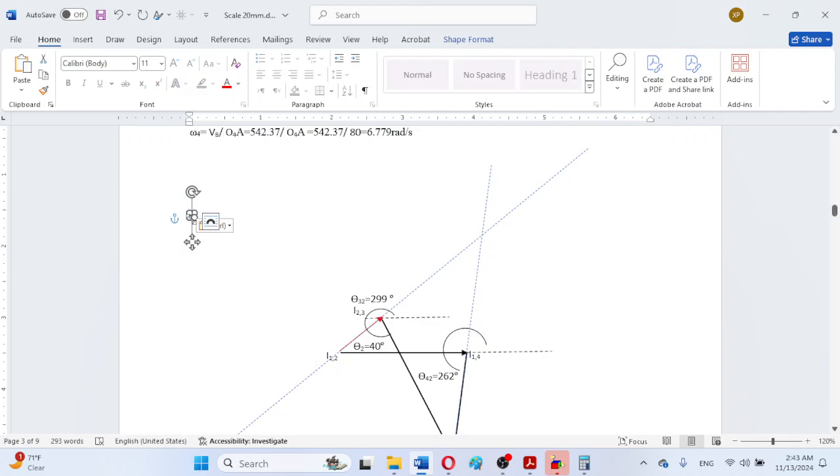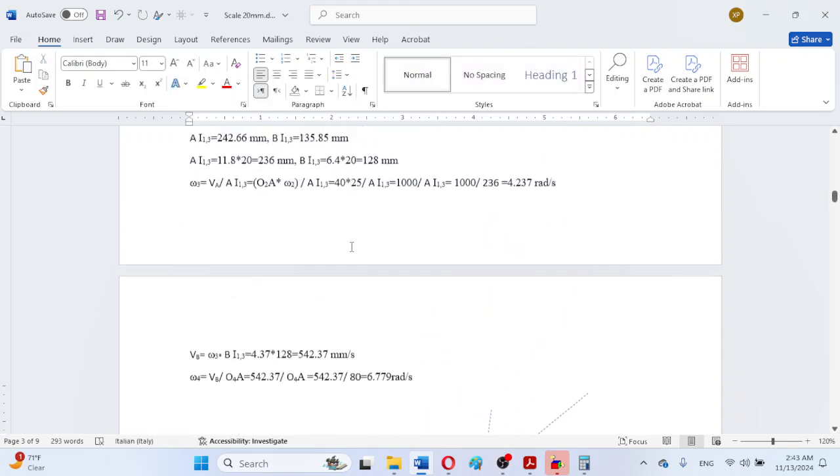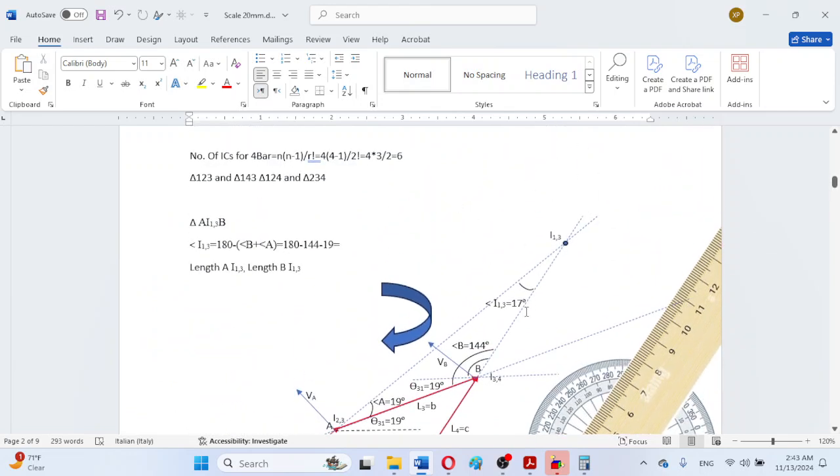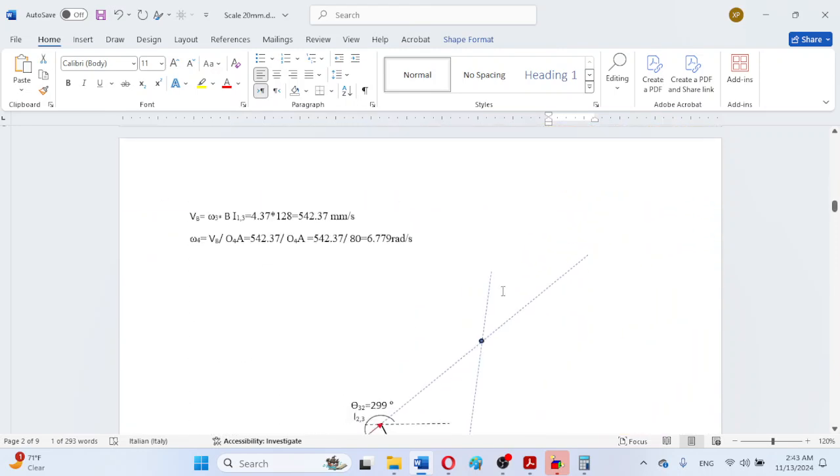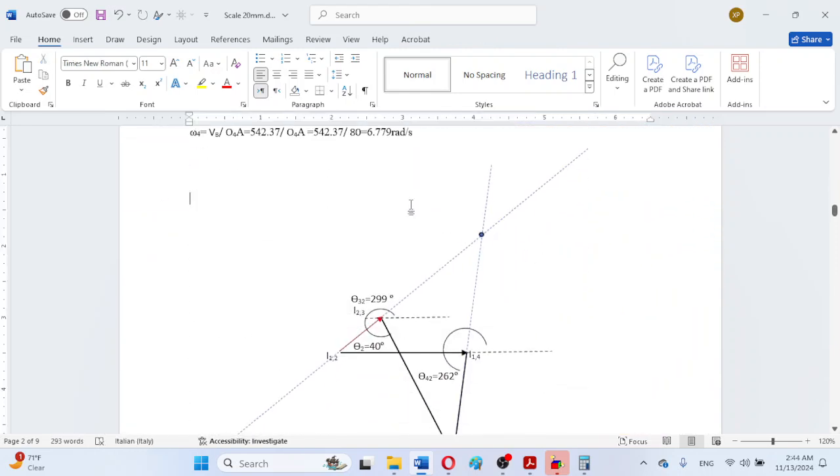Paste it here, and again just copy this label as well, because the label is the same here.